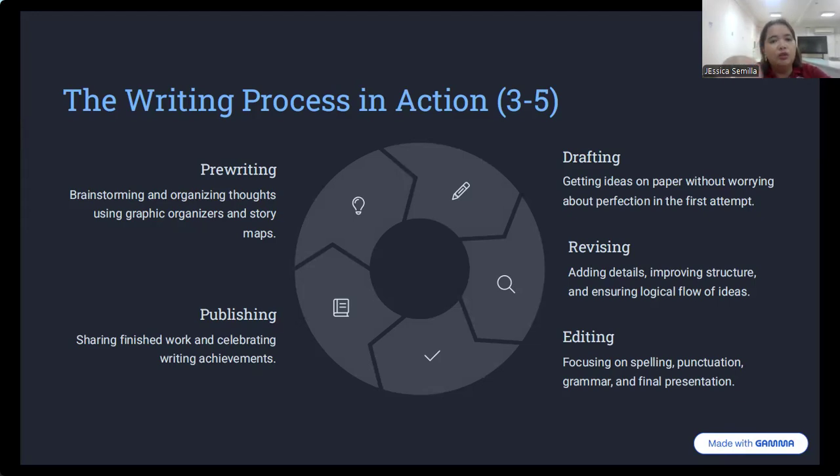And then after that, they do the drafting. Here at the drafting, they try to get ideas out of the brainstormed ideas without really looking into the perfection of the written document.